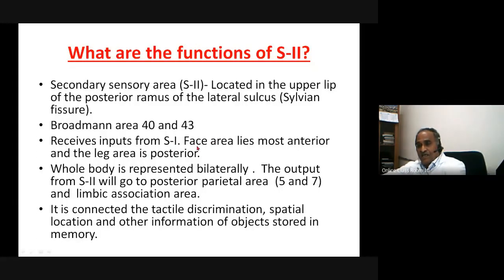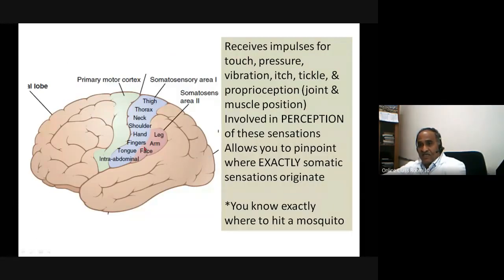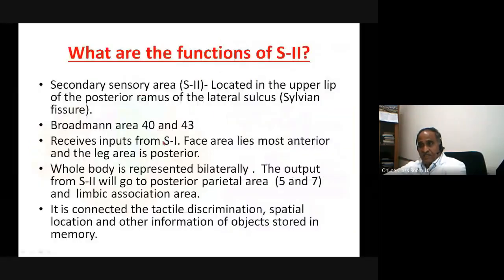Again, the face area is anterior and the leg area is posterior, backwards. The whole body is represented bilaterally. The output from S2 will go to the posterior parietal areas 5 and 7, and the limbic association area.